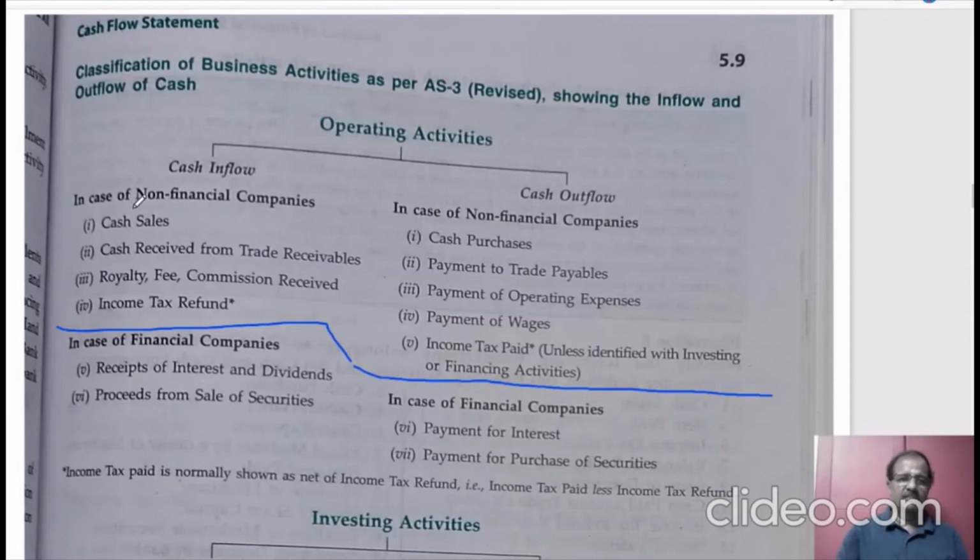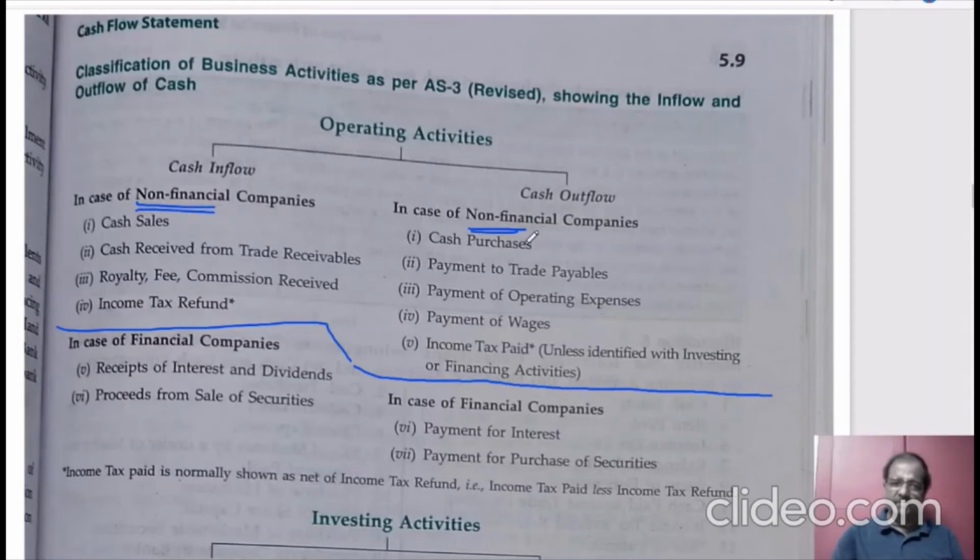See here, for example, in general, non-financial company cash inflow and non-financial company cash outflow. Generally, for any trading organization, cash inflow due to sales, and cash received from trade receivables, that is debtors and bills receivable, royalty received, fee received, commission received, all these could be considered as the operating cash inflow of a non-financial company.